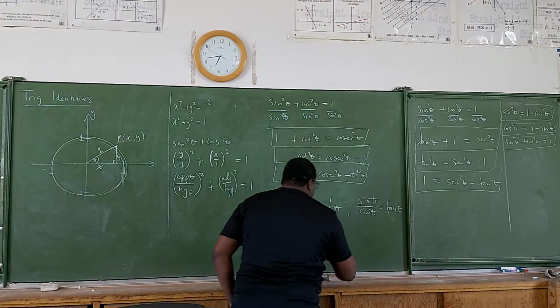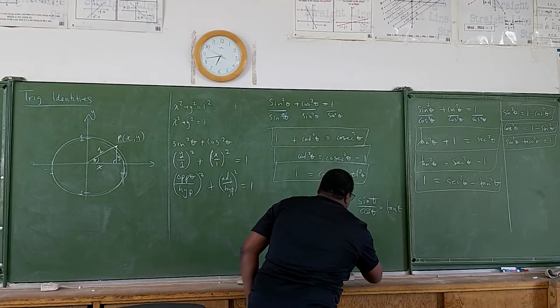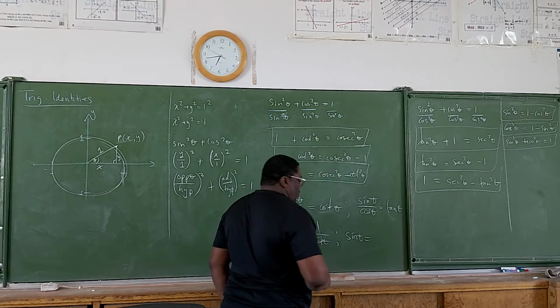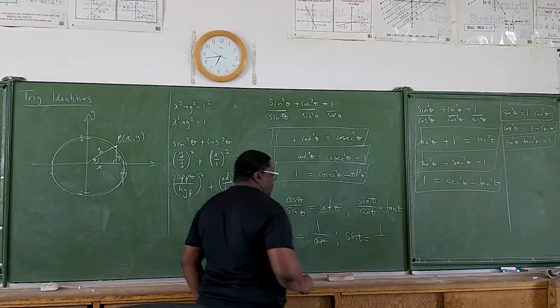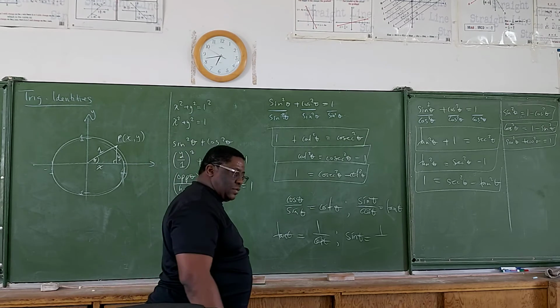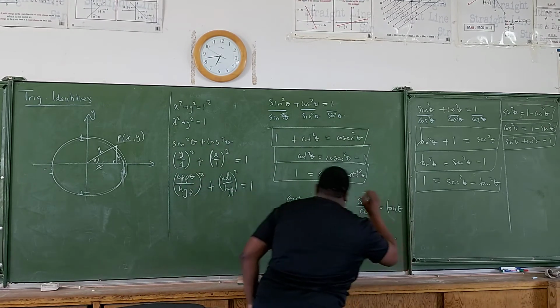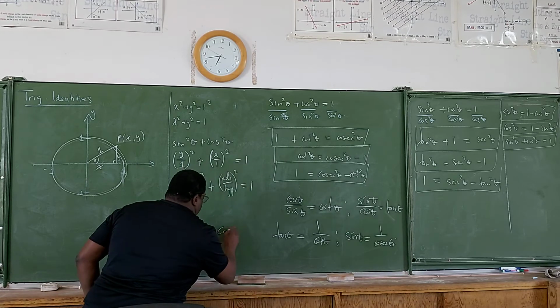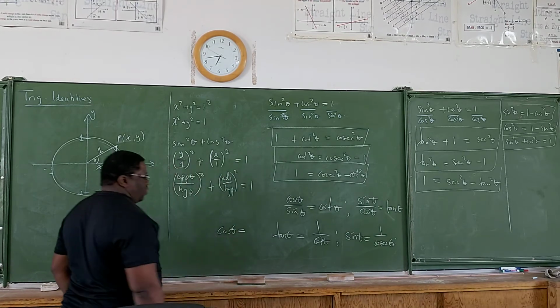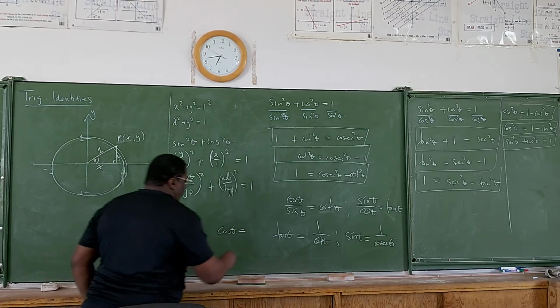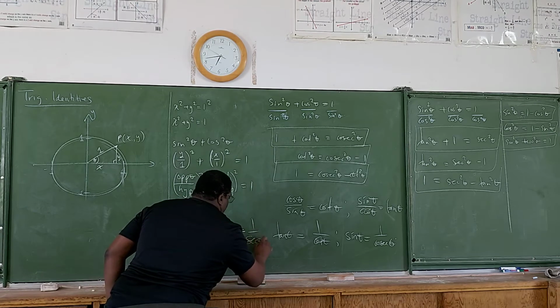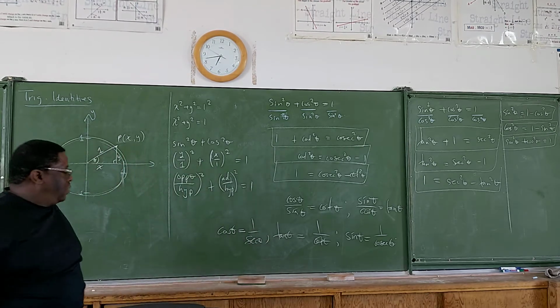Sin theta equals 1 over cosec theta. Then cos theta is equal to 1 over sec theta.